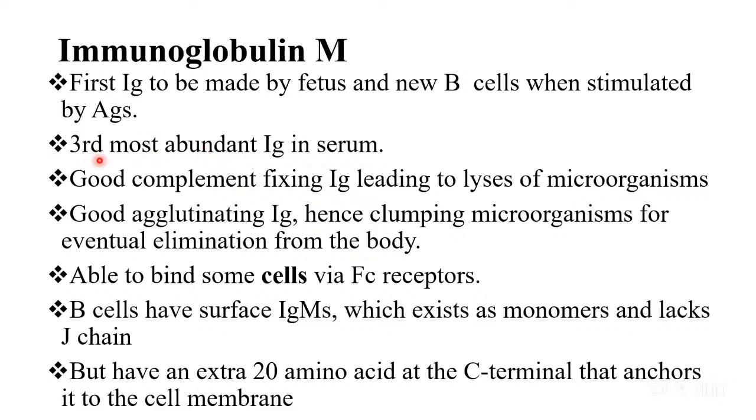All right, so the third most abundant in serum, as we saw, then good complement fixing, which leads to lysis of microorganisms through the membrane attack complex, and we know that one is the effector complex in the complement system. And then it's able to bind some cells via the Fc receptors, and it can agglutinate cells without any stimulation whatsoever.